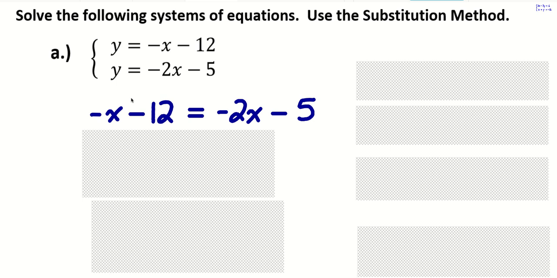In this particular situation where they're both solved for y, you can do something that a lot of teachers call setting the equations equal to each other. Think of it: I could substitute that in for that y, or you could substitute that in for that y.